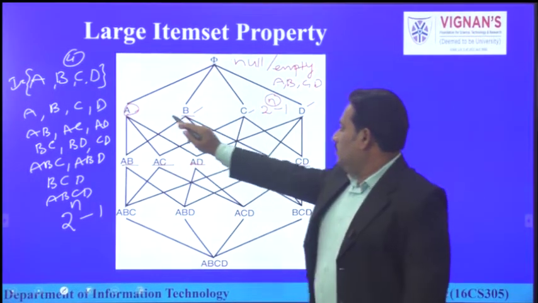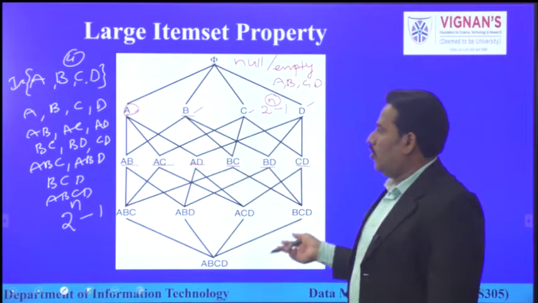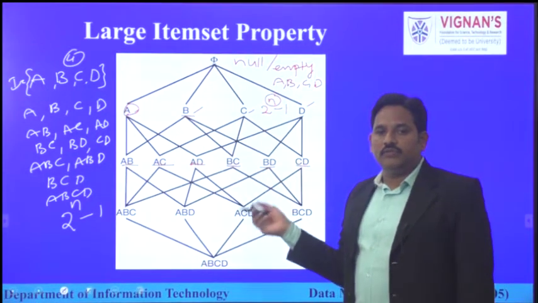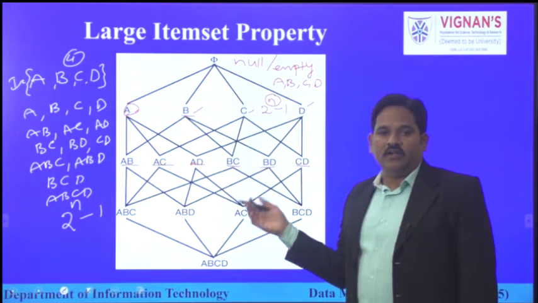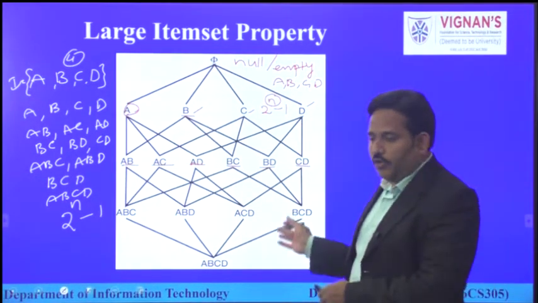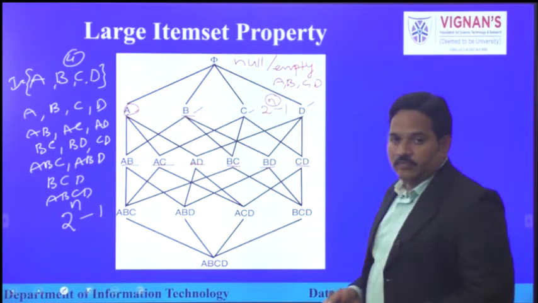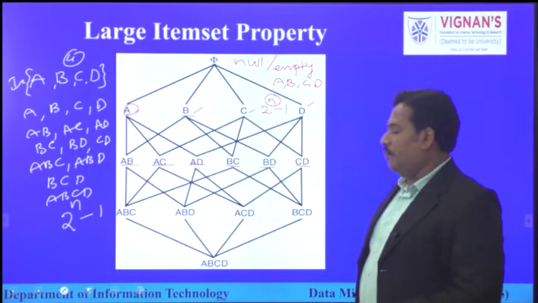Among these item sets, those which are most useful for analytical activity are selected, and the remaining are neglected or eliminated from the analysis. That we are going to see in the coming slides. So this is the way of deriving item sets from a given set of elements.